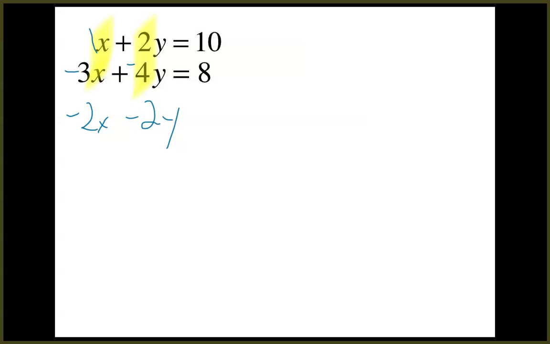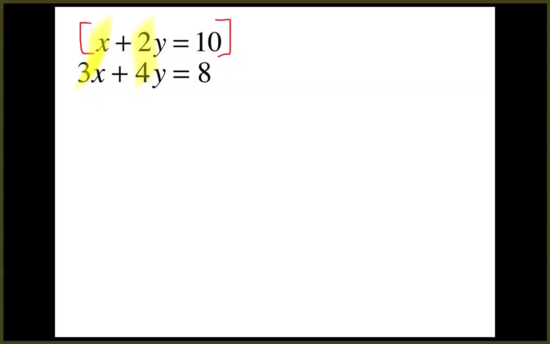So does the elimination method always work? Not always perfectly easily, but guess what? There's a trick we can do on this. We can take this whole first equation, and since nothing eliminates yet, we can make something eliminate. So what we really want is, instead of an x and a 3x, we want a 3x and a 3x.